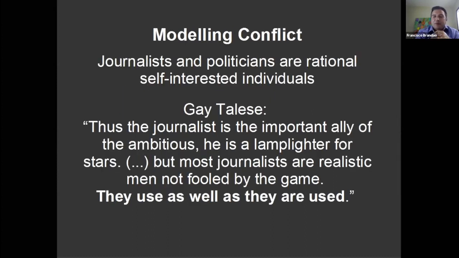So let's start with the model. First of all, I will assume that journalists and politicians are rational, self-interested individuals who want to further their own careers. For that, they both want to maximize public trust. Journalists want to write trustworthy stories about the government to get more audience, advertisement, reputation, a better paycheck, a better job.